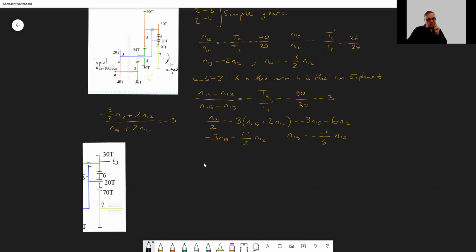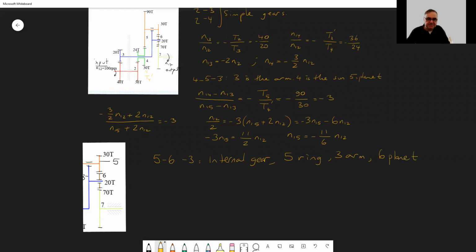Now the 6, as you see, 5, 6, 3 is an internal mesh here, where 5 is the ring, 3 is the arm, and 6 is the planet.